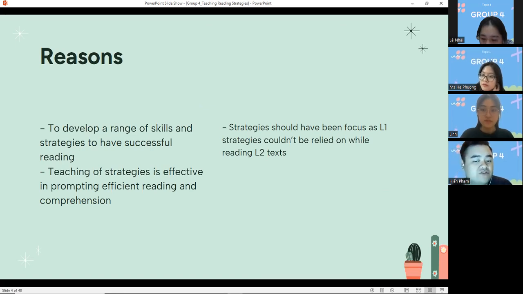And teaching of strategies is effective in promoting efficient reading and comprehension. It is also considered by researchers and teachers that strategies should be focused on, as the strategies of reading the first language couldn't be relied on while reading a second language text.